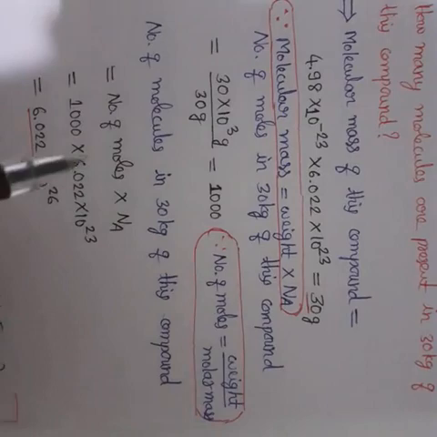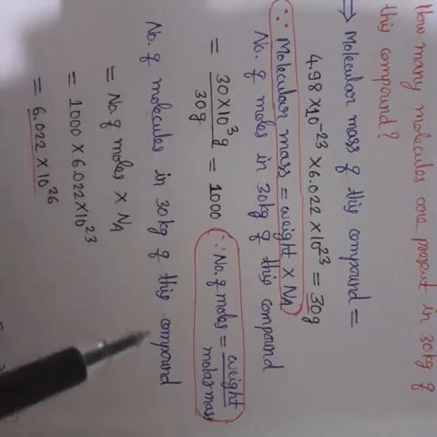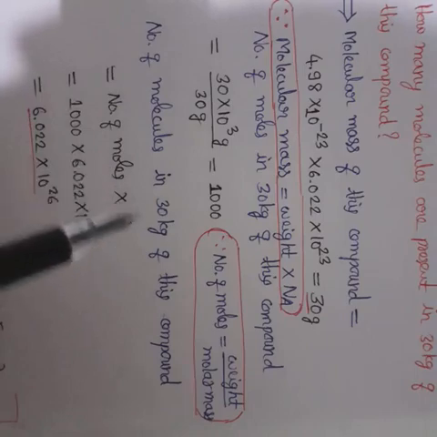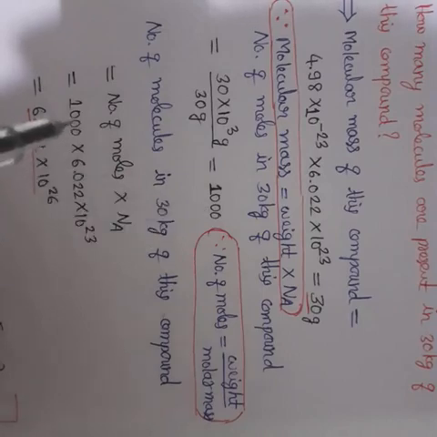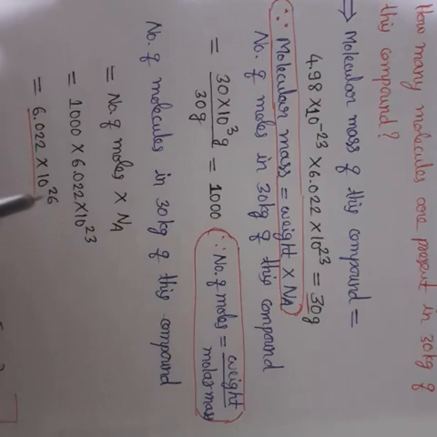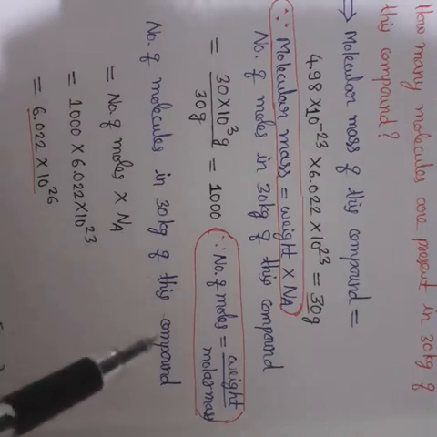Now we need to calculate how many molecules are present in 30 kg of the compound. The number of molecules is equal to the number of moles into the Avogadro number. That means 1000 into 6.022 into 10 to the power 23. This gives 6.022 into 10 to the power 26, since 10 to the power 3 into 10 to the power 23 becomes 10 to the power 26. This is the number of molecules present in 30 kg of the given compound.